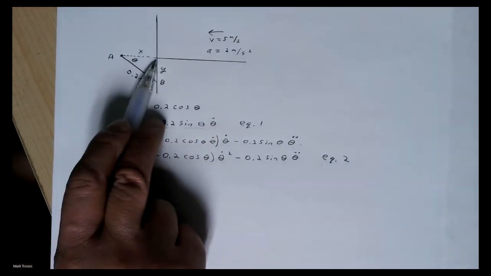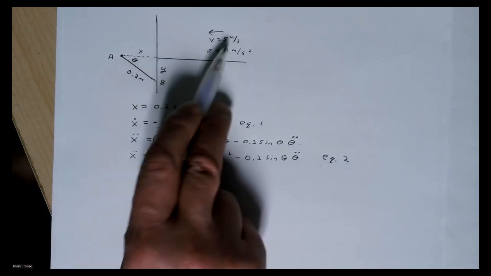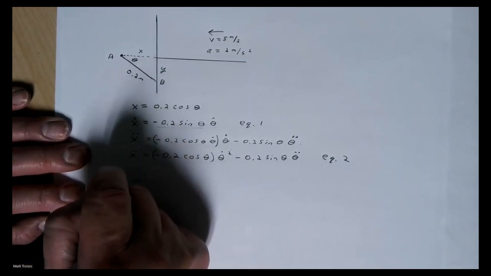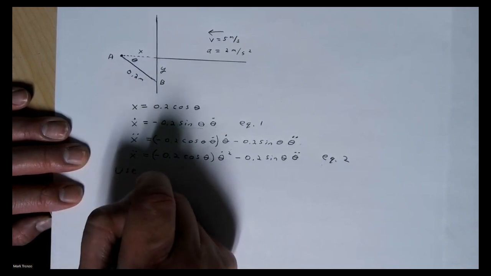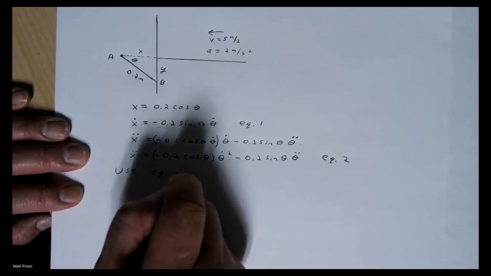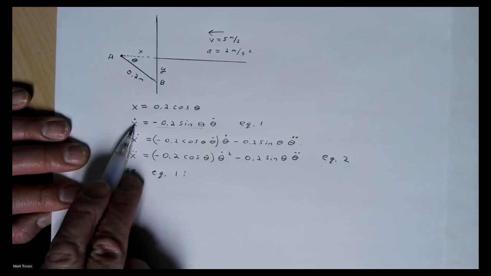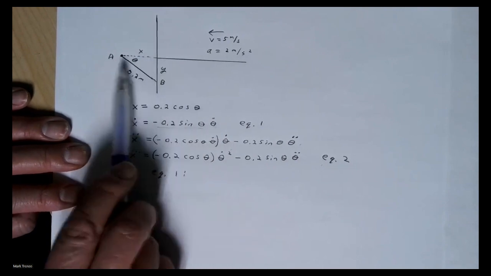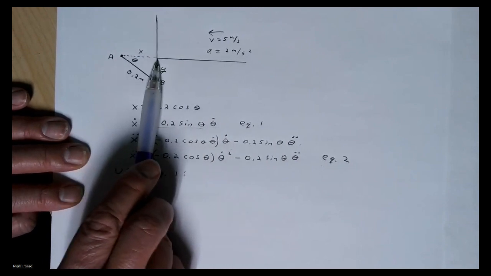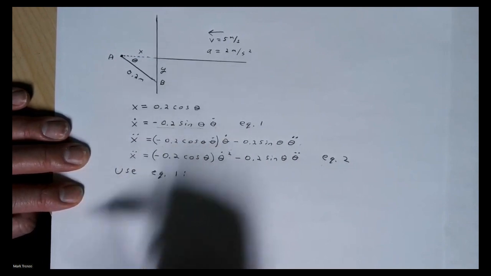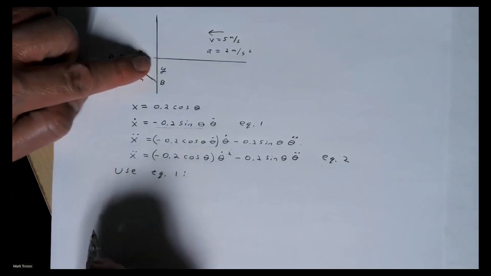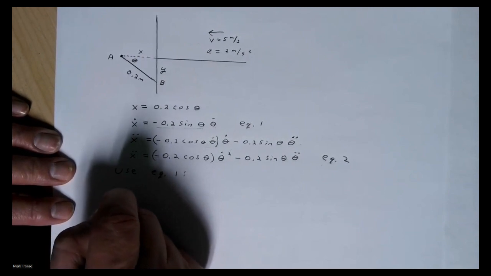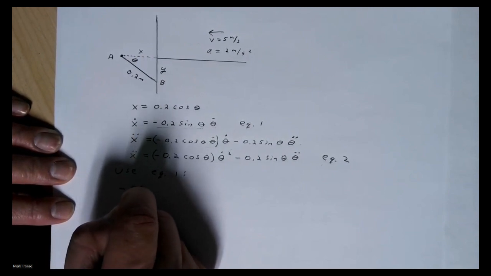And notice, as I mentioned before, it's decreasing at the same rate this is increasing. So if we use equation 1 and put our value here, since it's going in the opposite direction, this is increasing, this is decreasing, we can say this is going to be negative 5 meters per second.